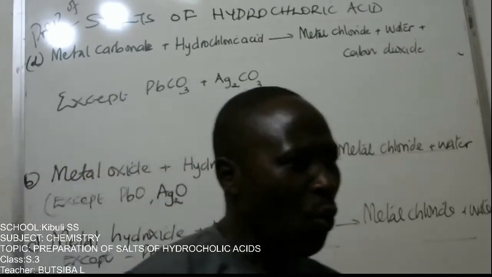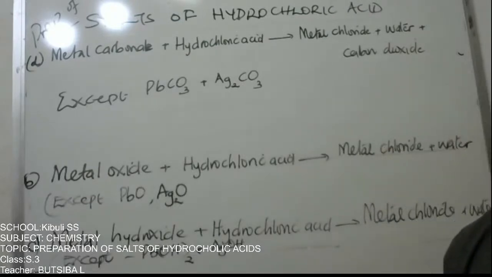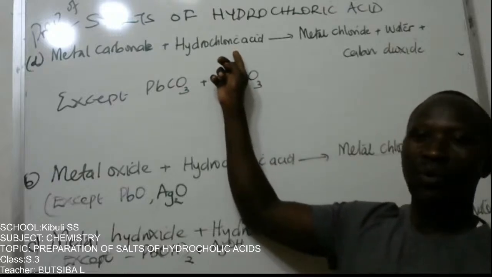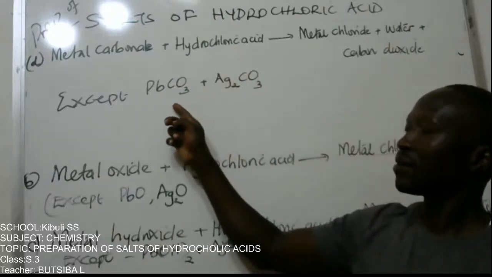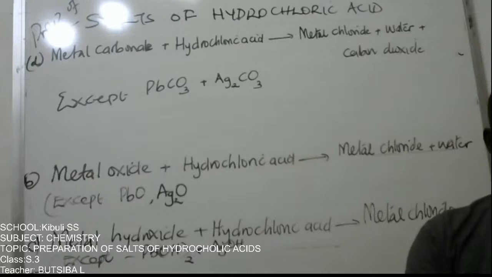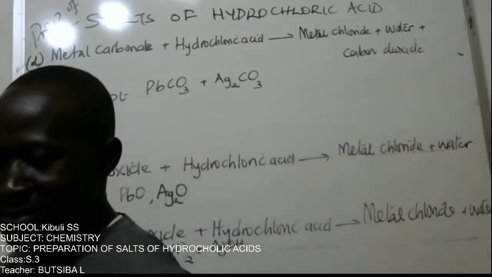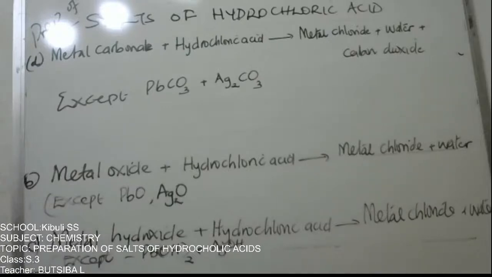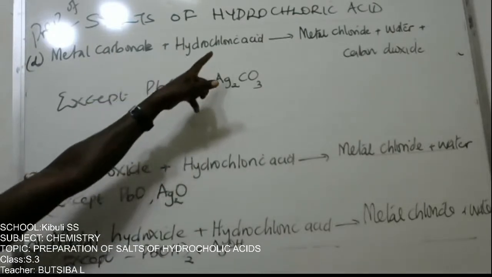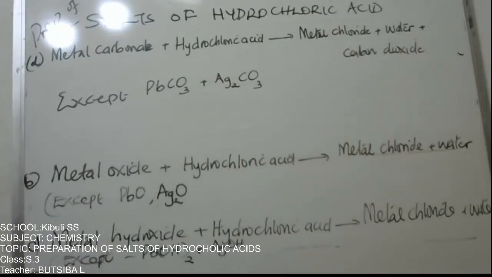I'm asking, why don't we prepare carbon dioxide by reacting hydrochloric acid with lead carbonate? After all, your chemistry of senior 2 tells you metal carbonates plus acids give us salt, carbon dioxide, and water. So why can't we prepare carbon dioxide in the lab by reacting hydrochloric acid with lead 2 carbonate?